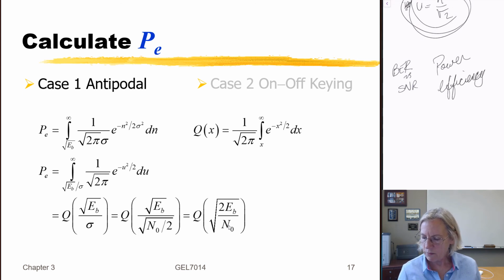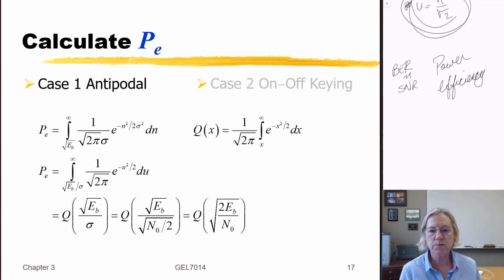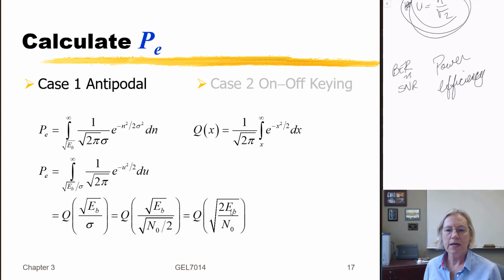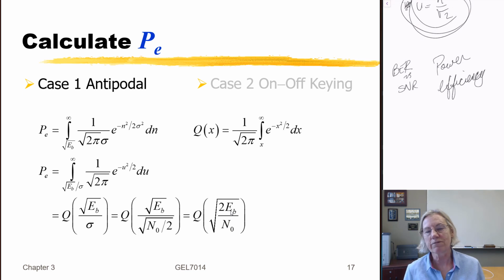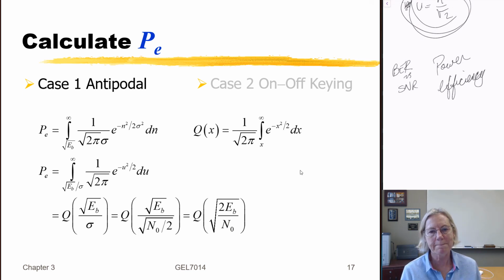And we can see now that we're getting close to being able to answer this question, and that's because here I have a ratio of the energy per bit divided by the noise. So I'm getting something that looks very much like a signal to noise ratio. In fact, it's sort of like a digital version of the signal to noise ratio, and we'll be talking about that more.